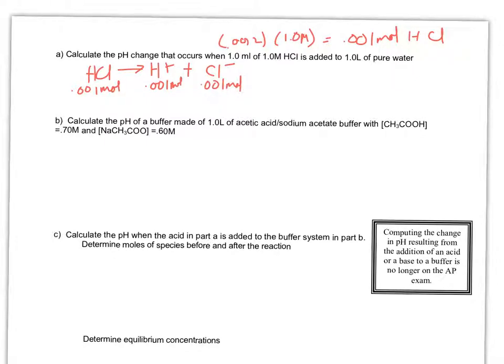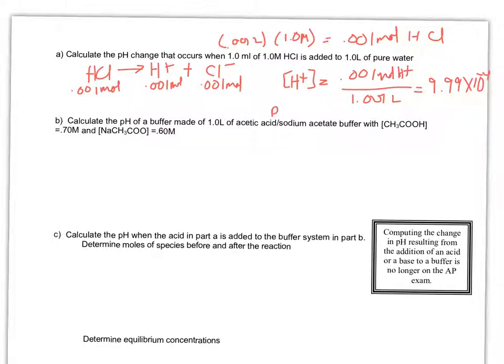And so I have 0.001 moles in my water. So the concentration of the H plus is going to be 0.001 moles of H plus over my volume. My volume is, I have a liter of water and 1 milliliter of the acid, so 1.001 liters. And so the concentration ends up being 9.99 times 10 to the negative fourth.